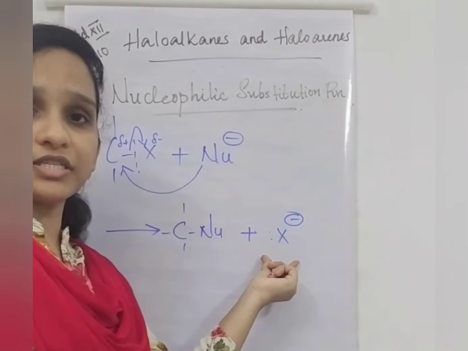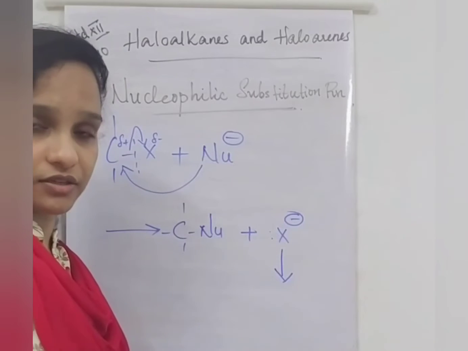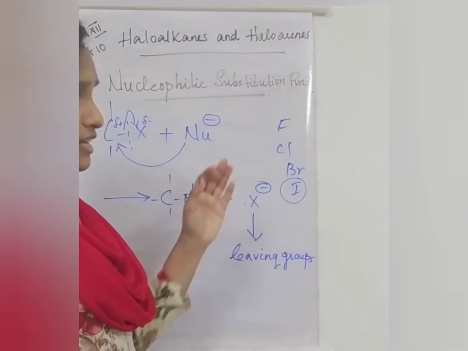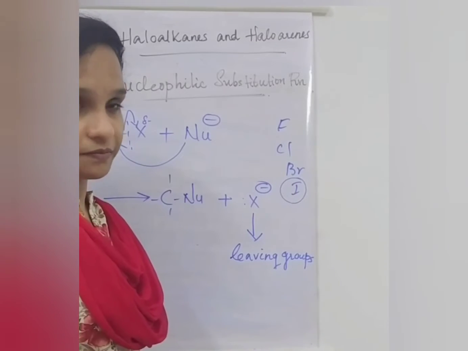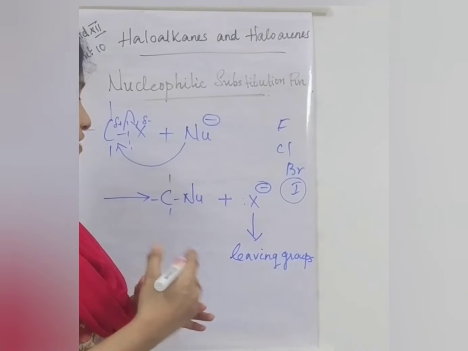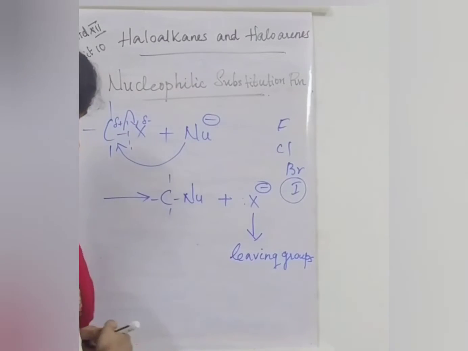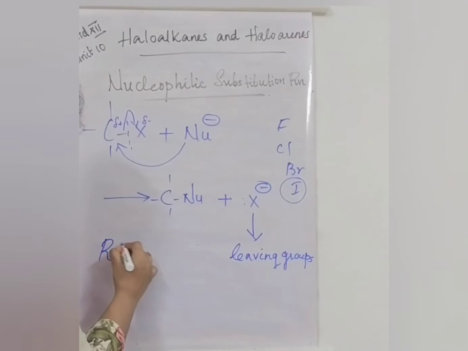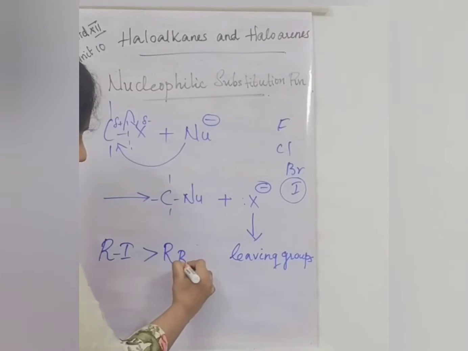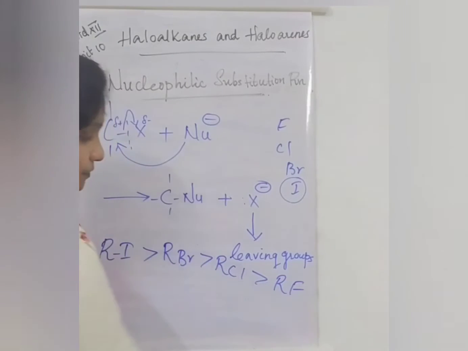This halide ion which is displaced, we call it the leaving group. Among halides, iodide ions are better leaving groups than fluoride, chloride, bromide. So the reactivity of alkyl halides towards nucleophilic substitution goes like this: RI greater than RBr greater than RCl greater than RF.